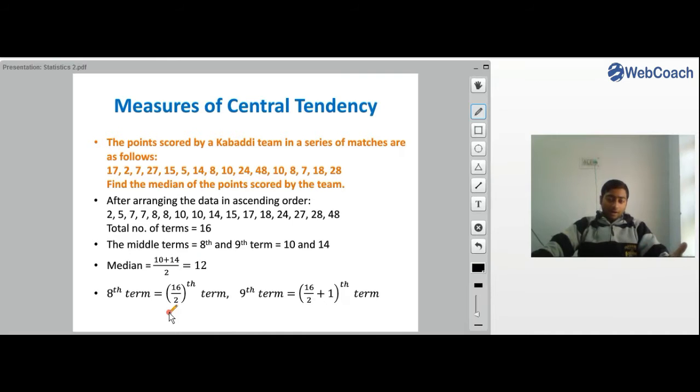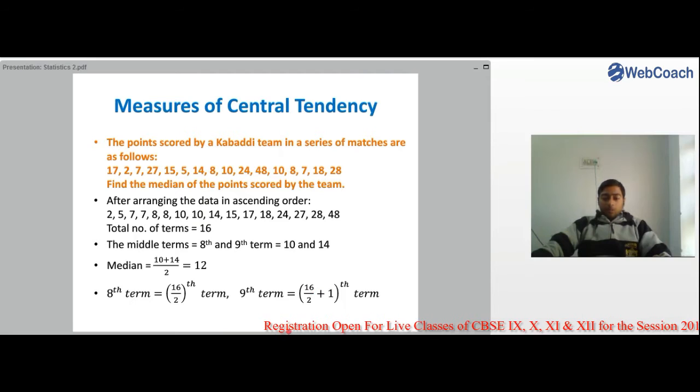So to find the term to look at, we divide the number of observations by 2 to get the first term, and then add 1 to get the next term. So we get the 8th term and the 9th term. We look at the values and take their average, and that will give us the median.